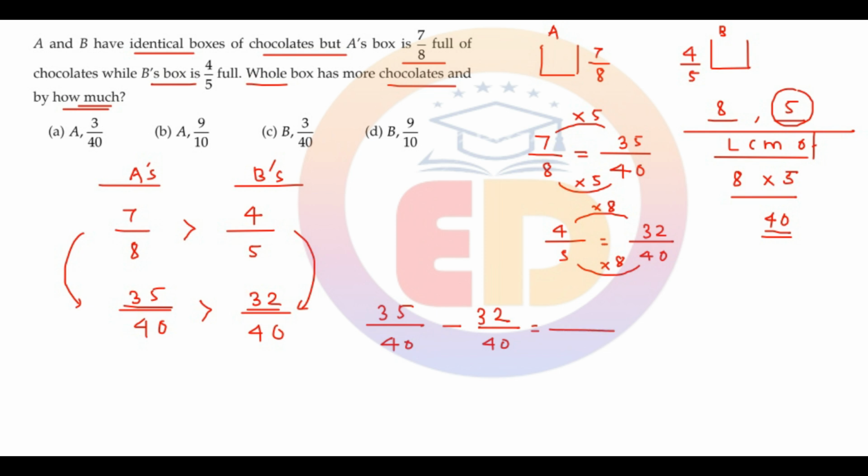Like fractions, make the denominator 40 and subtract the numerators. 35 minus 32 is 3 upon 40. So I see that here A's box has more chocolate, and by how much? It is more by 3 upon 40. Our answer here.